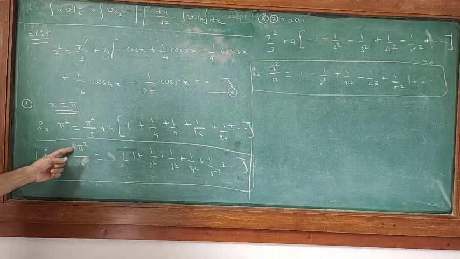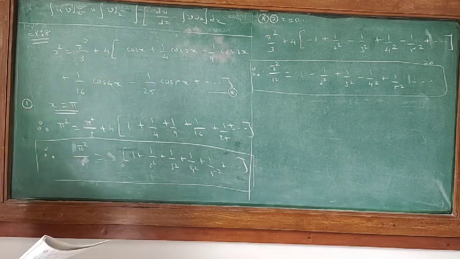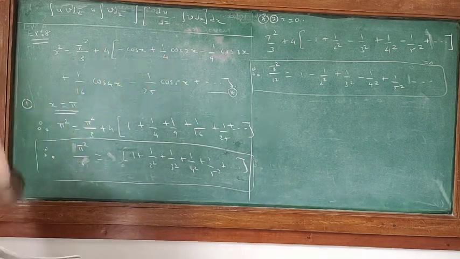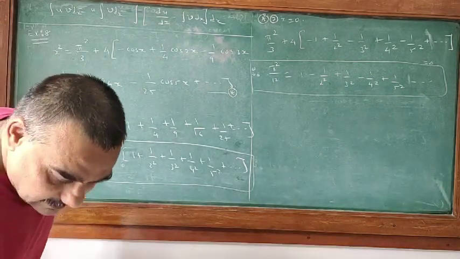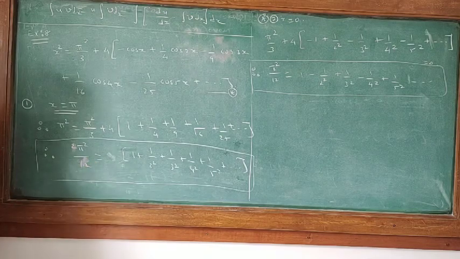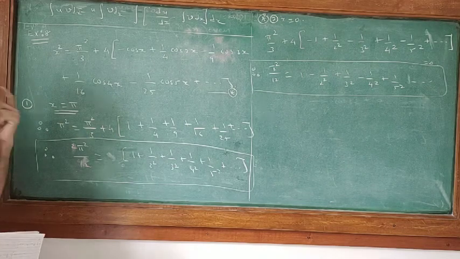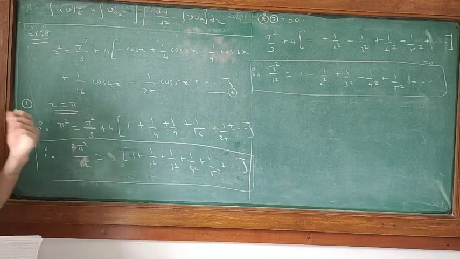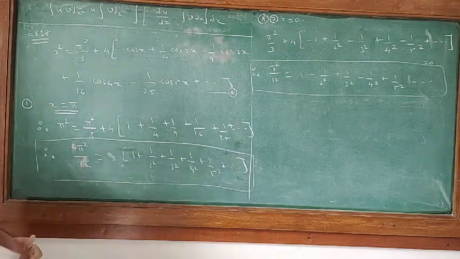Now if we add pi square by 6 and pi square by 12 for simplicity, then this is 2 pi square by 12. And if I add both of them, what will I have?